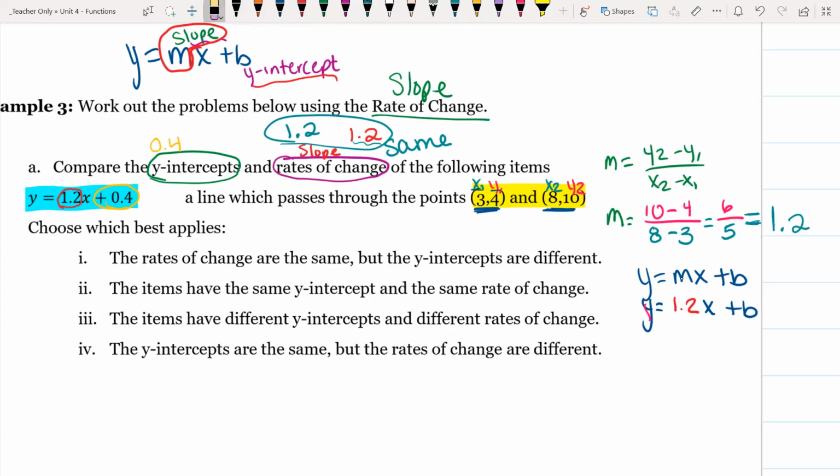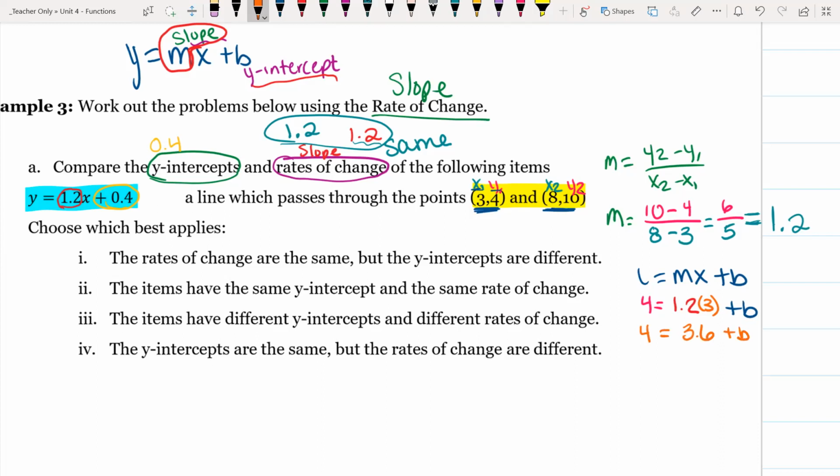4 goes in for y, and 3 replaces x. So now we need to figure out what 1.2 times 3 is. 1.2 times 3 is 3.6. We bring our 4 down and our plus b.